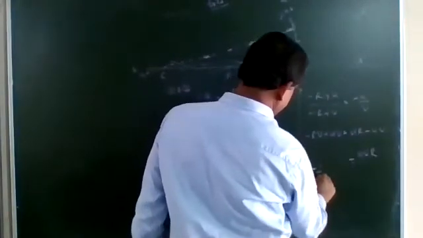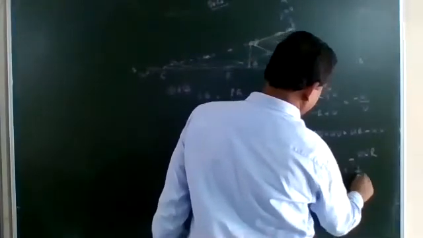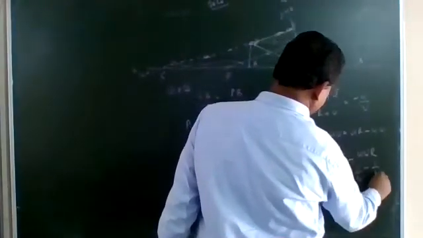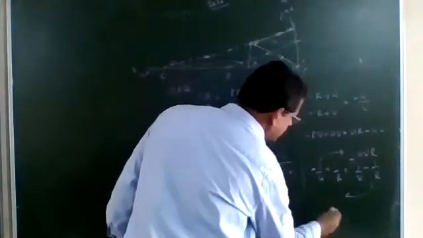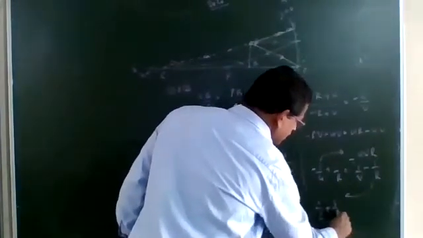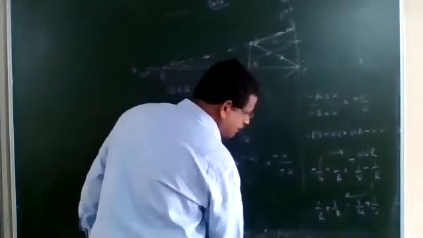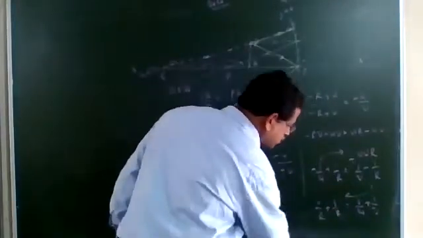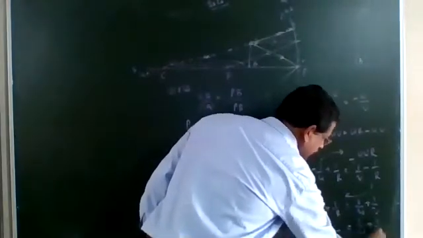Minus 1 upon U, 1 upon R equal to 1 upon B, then minus 1 upon R. This is coming to the side, minus 1 by U going that side. So 1 by R plus 1 by R equal to 1 by U plus 1 by B. So 1 by R plus 1 by R is 2 by R. 2 by R equal to 1 by U plus 1 by B.